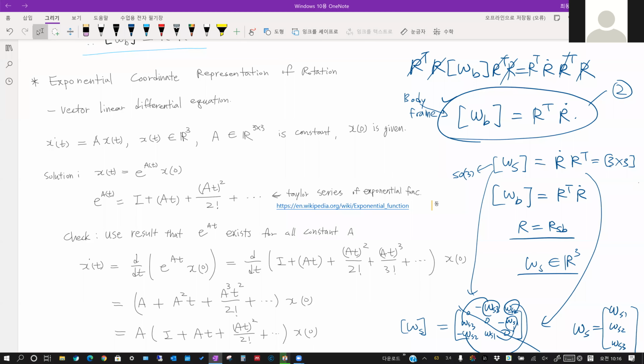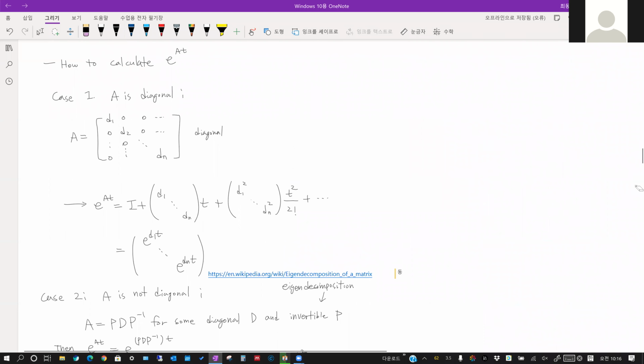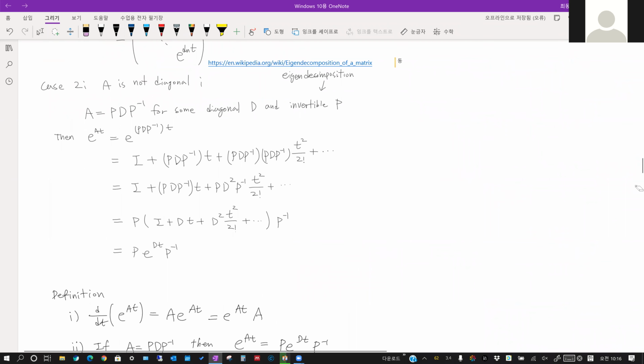We can continue the exponential coordinate representation here, but the content of this one is a little bit long to do in this class. So I will do this next week.